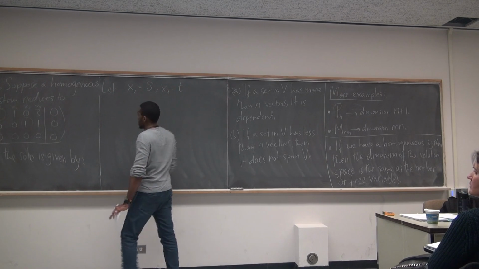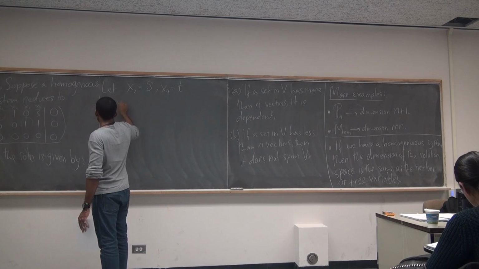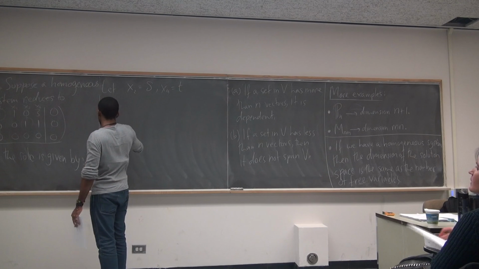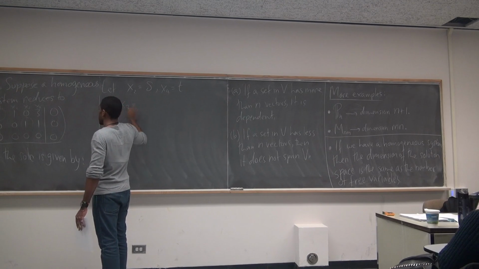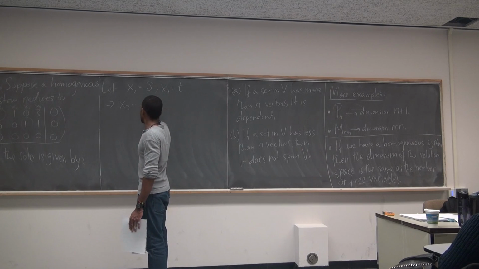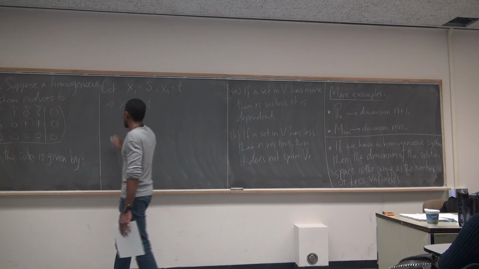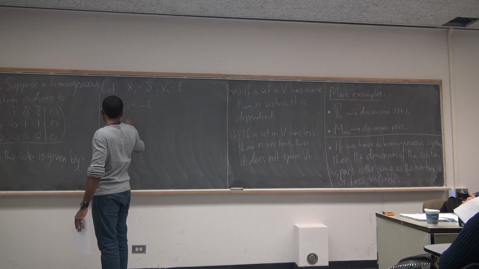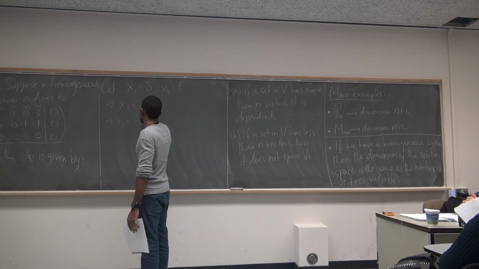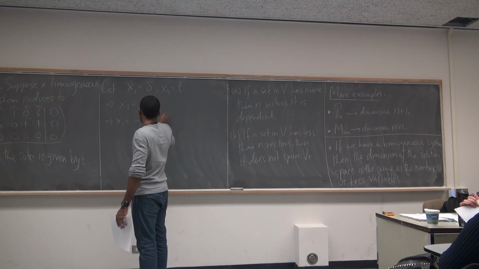And so this means that my x1 would be, well, remember we go from the bottom rows going up. So first I'd solve for my x3. x3 will be minus x4, which is minus t, and my x1 will be minus s minus 3t.